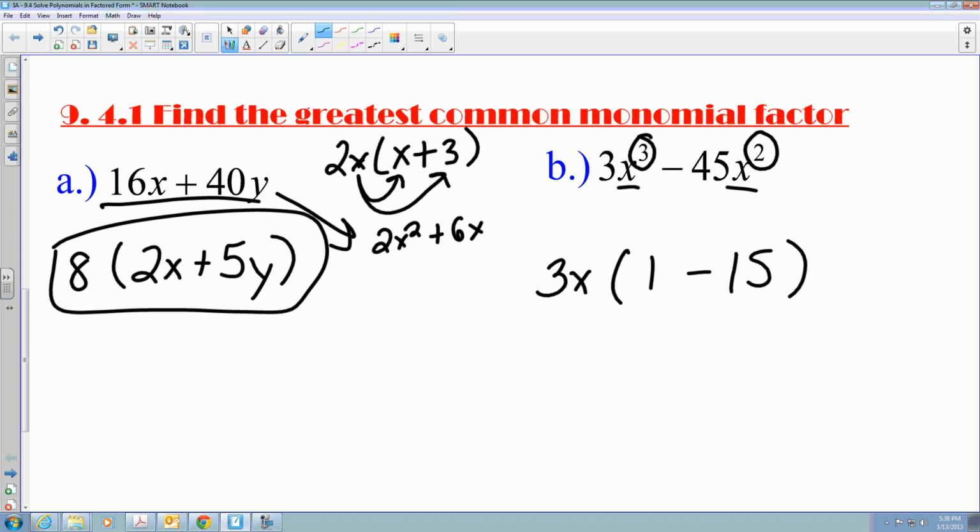That means I can take out the least degree, which ends up being a 2. So then from here, I would write in x because I still needed that one more x. And since I've already pulled out an x squared, I don't write anything in next to the 15. So if I get rid of that 1 right here, I can rewrite this as 3x squared times the quantity x minus 15. Okay?